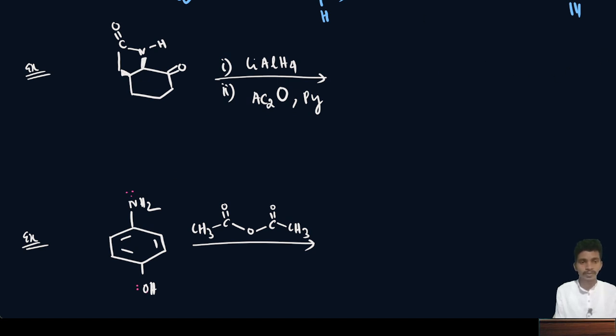For this question, since this is also a cyclohexane, we will convert this into a chair form. So here let's say 1, 2, 3, 4, 5 and 6.